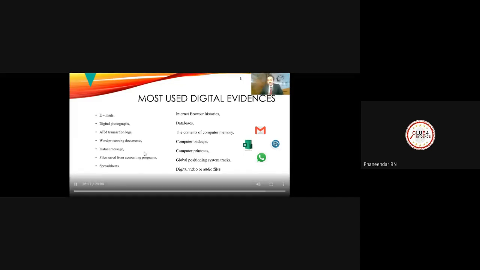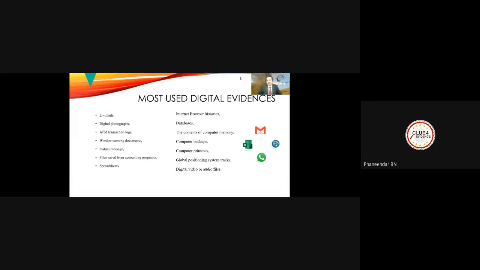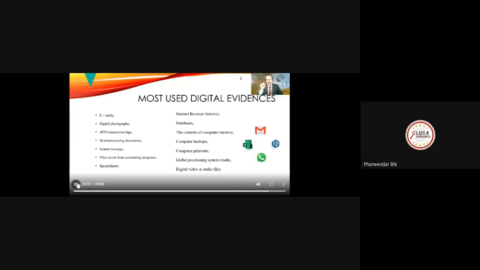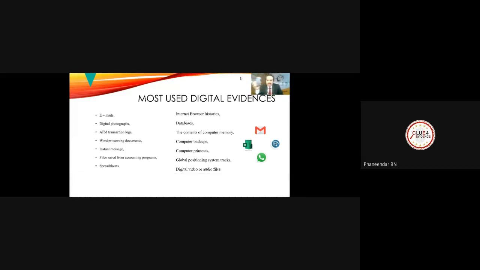Spreadsheets, Google spreadsheets, internet browser histories, databases of any kind, the content of computer memory, anything in the computer, computer backups, computer printouts, global positioning system tracks, GPS, and digital videos and audio files. So these are very few commonly used digital evidence categories. Okay, participants, when you ask me what is the best digital evidence you can get for the day, I would answer in simple terms: it is your mobile phone.